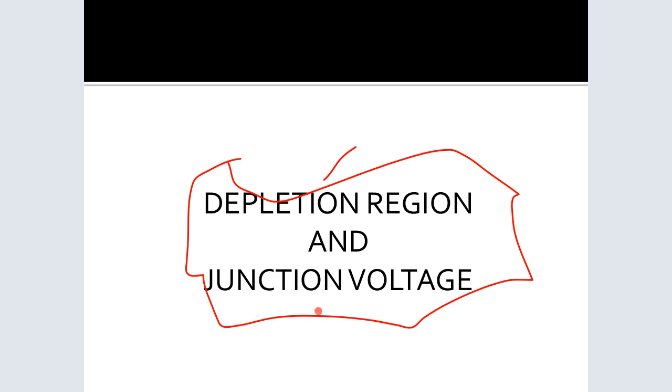On the other hand, junction voltage, at some point we'll call it the barrier voltage, is as a result of electric field strength that is developed at this particular region here. So if an area is depleted of charges, then it has what we call ions.